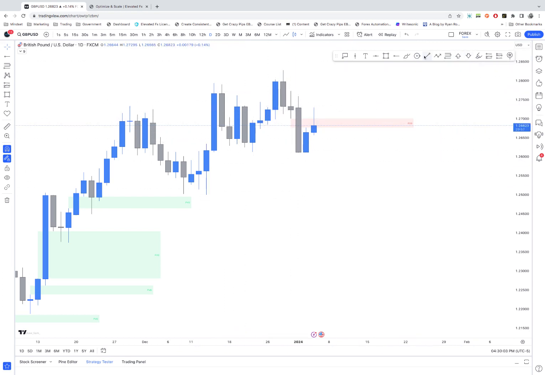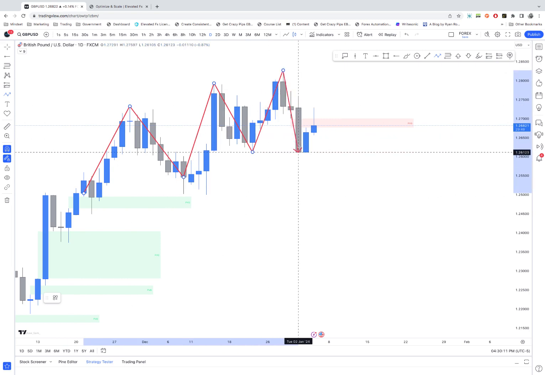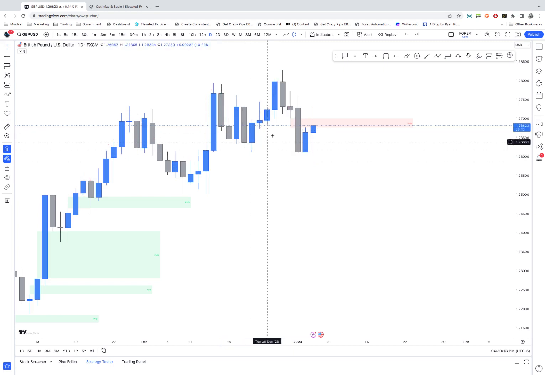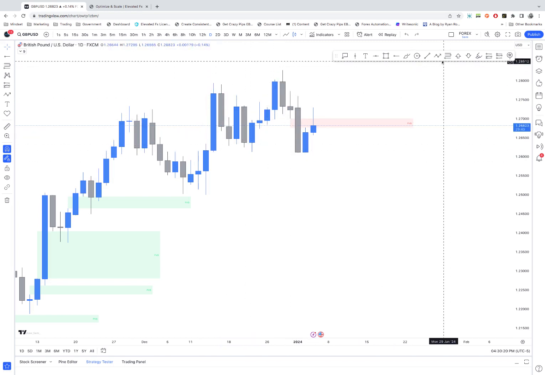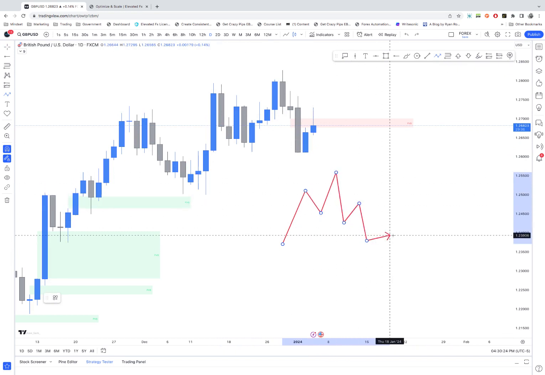This example would be a very, very good example of price going up, creating a swing, and then this candle closing below this particular price action here to shift the direction from going up to now starting to head down.